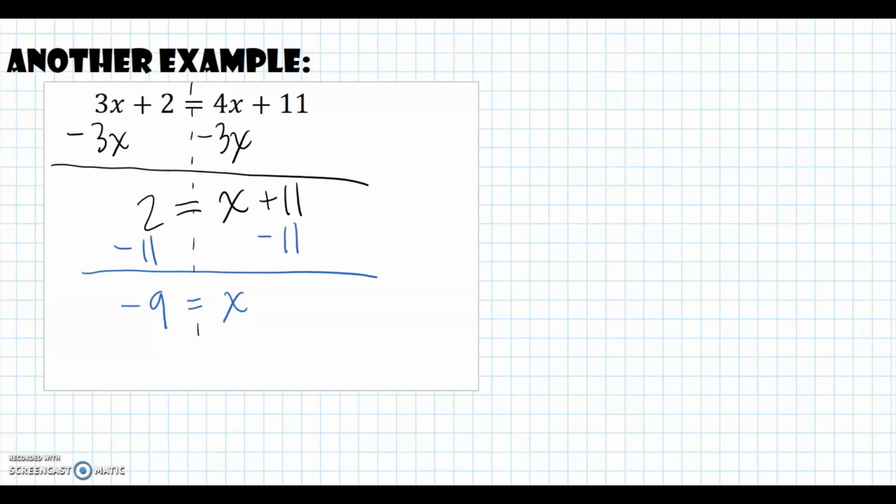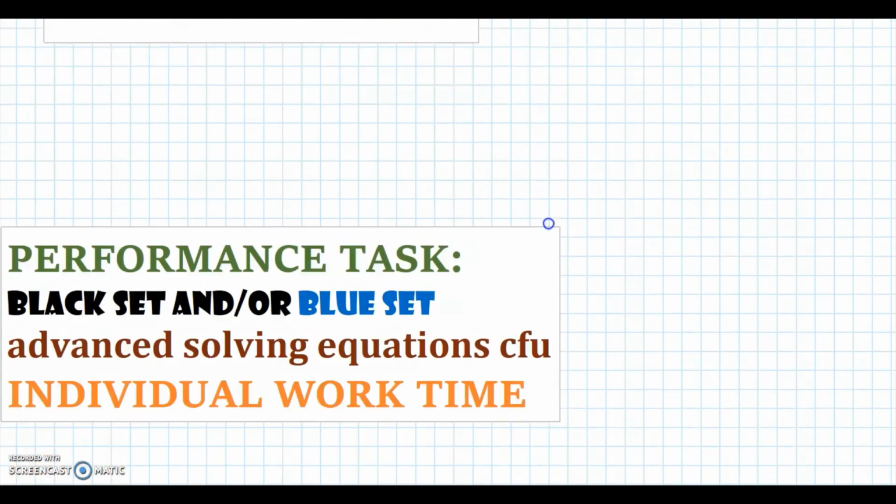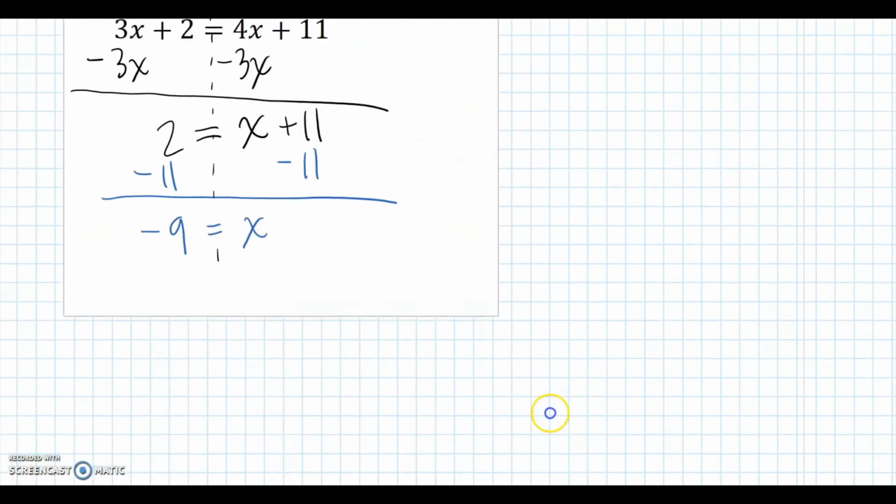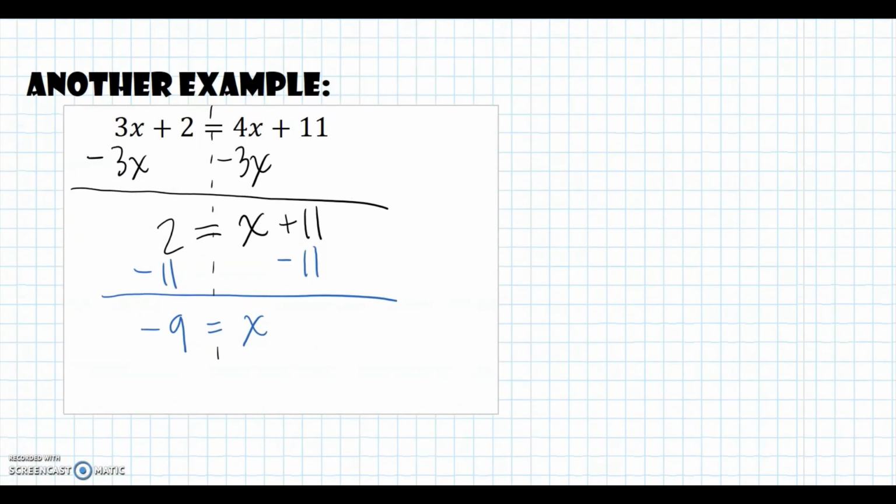And you'll see why this skill is important coming up soon. But this is what we're working on now, trying to deal with equations with variables on both sides of the equation. So add or subtract the variable to separate those.